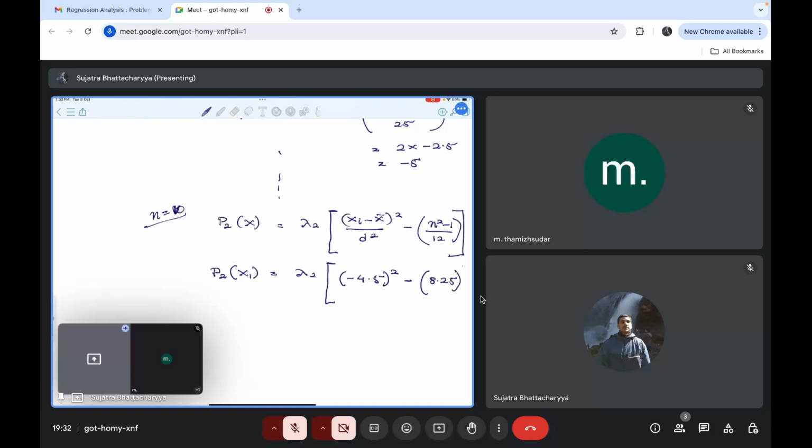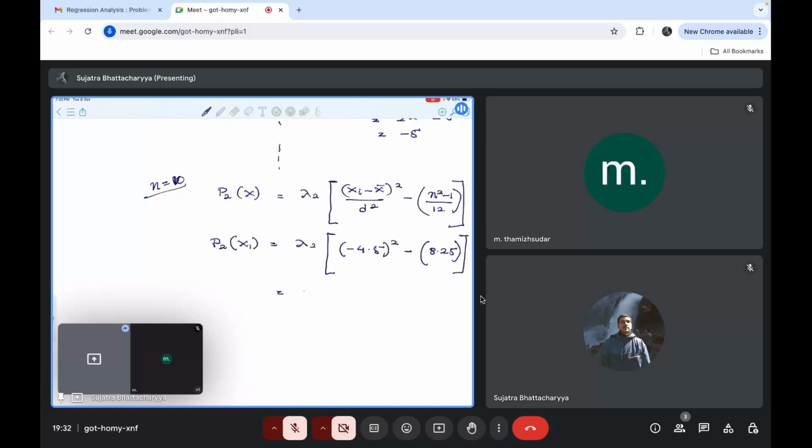This will not change for each case, x2, x3, x4. So you have lambda 2 into, I think, 20.25. If you do it, it will be 20.25.